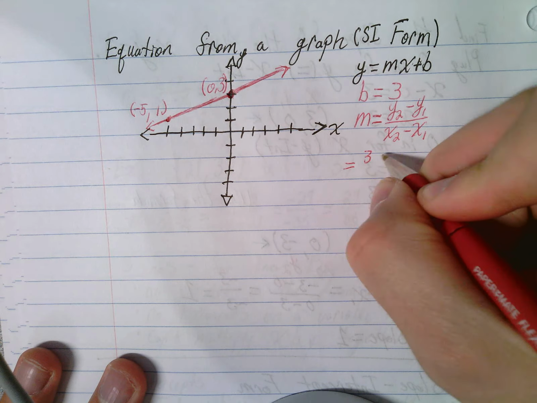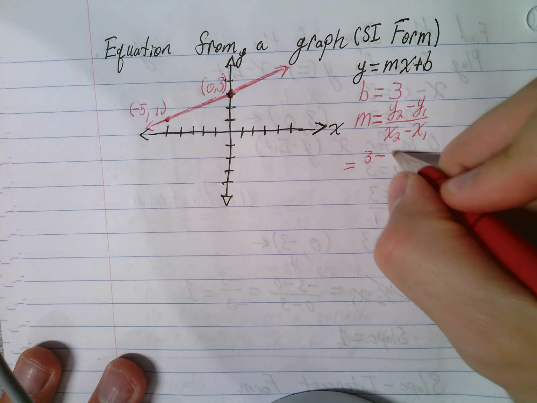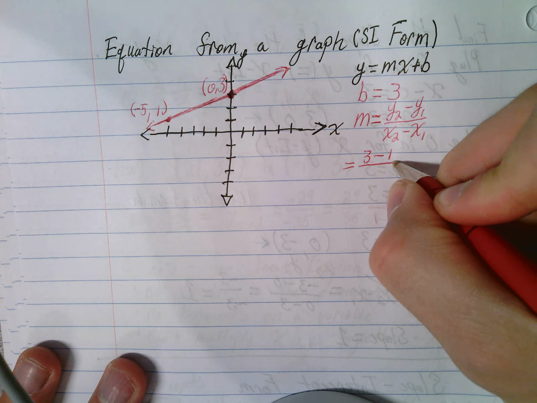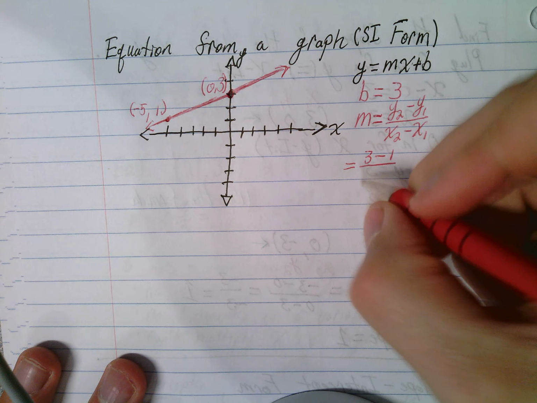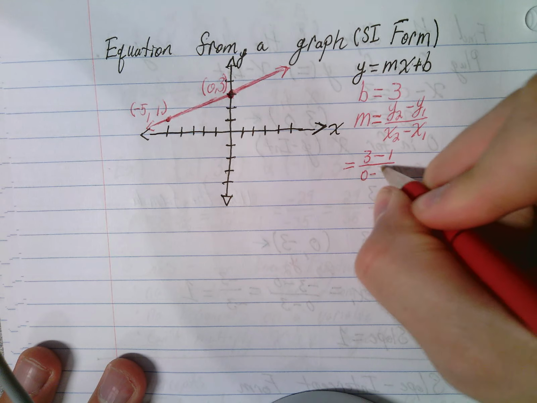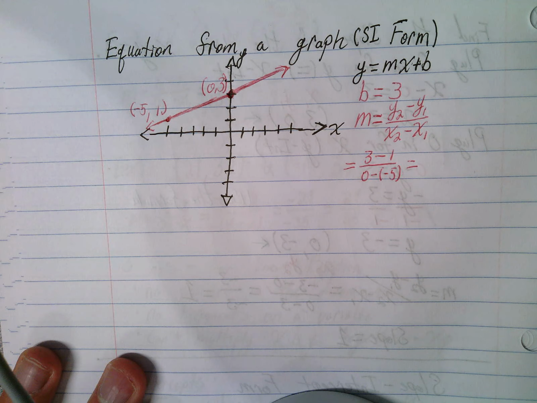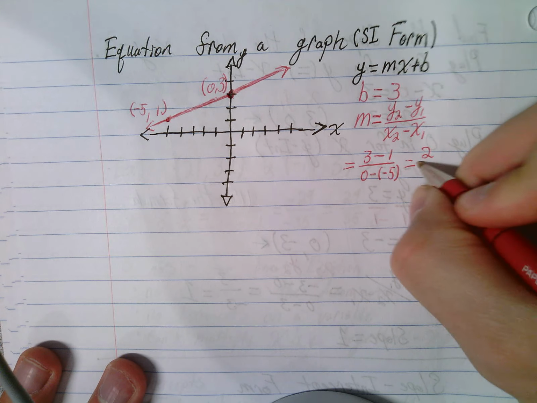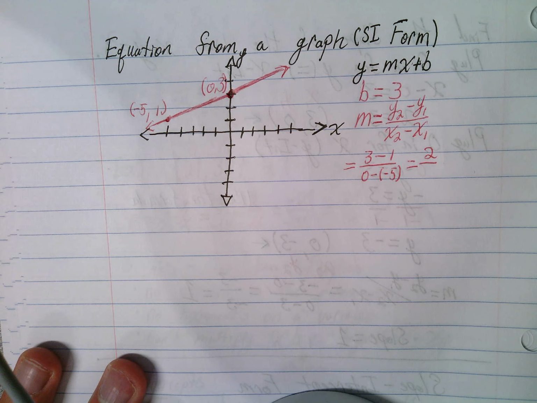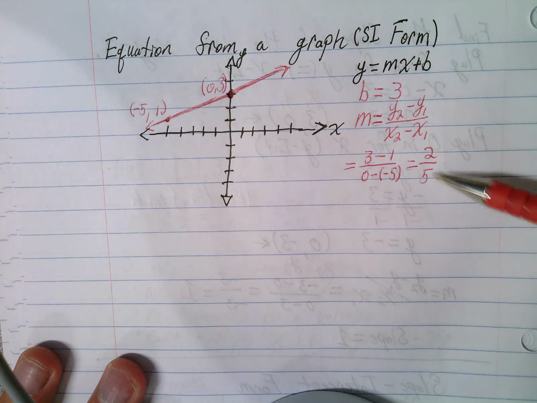Thank you. 3 minus, what's my y1? 1 over, what's my x2? 0 minus -5. What's 3 minus 1? 2. What's 0 minus -5? Positive 5. Right? And look, is my slope positive here?